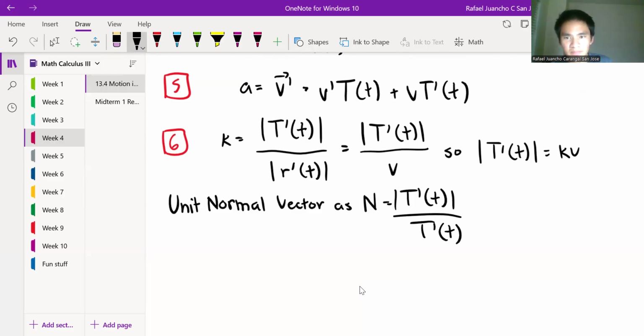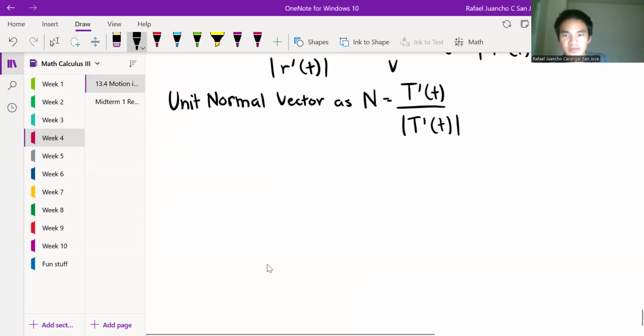So it was the derivative of my unit tangent vector over the magnitude of that to get my normal.